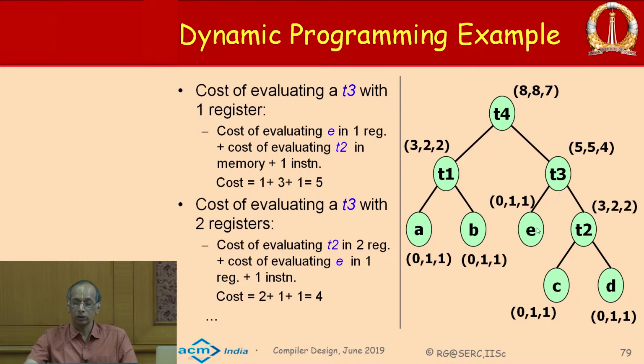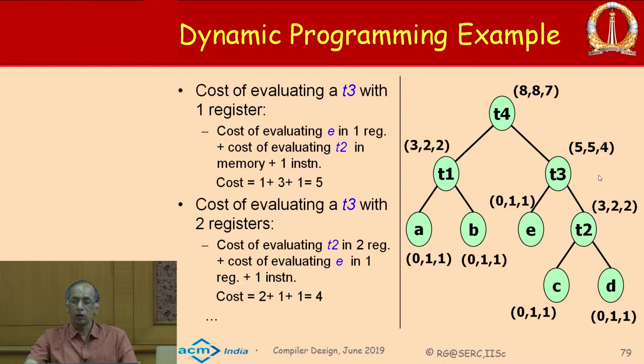If I put 2 here and 1 here, then it is again 1 plus 2 plus 1, 4, which is the same as the minimum cost. So, when I put this 4, I could store one register for this, one register for that. Typically, that is a better option than 2 registers for this and 1 register for that. Both of them give me the same minimum cost, so I might as well put the first one.